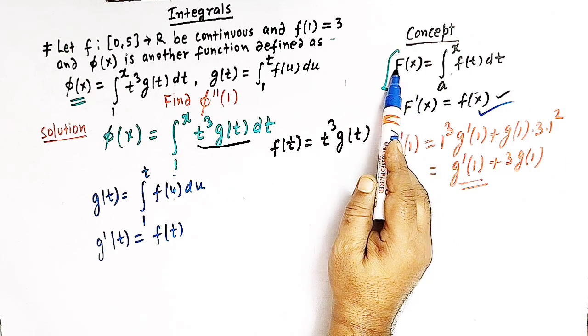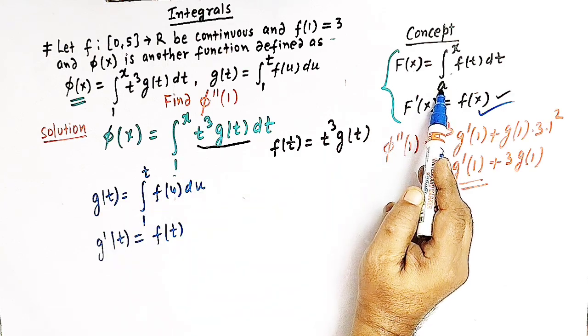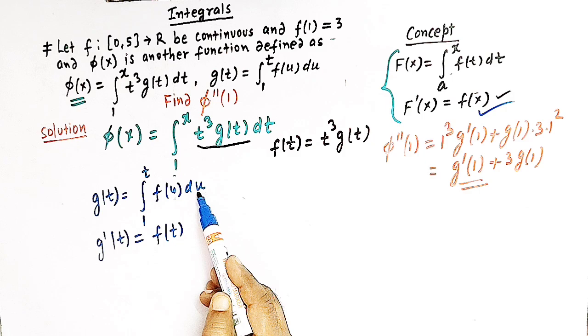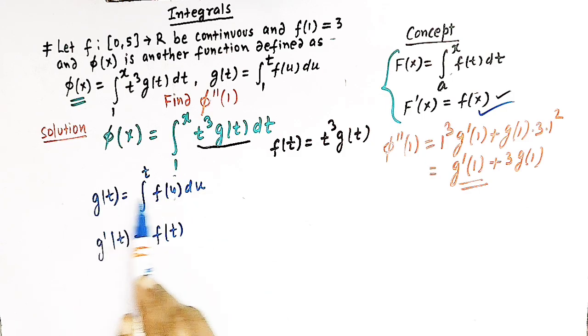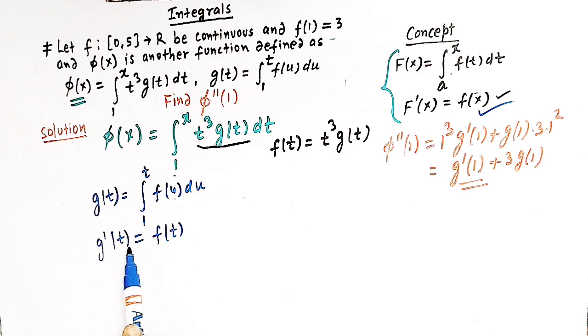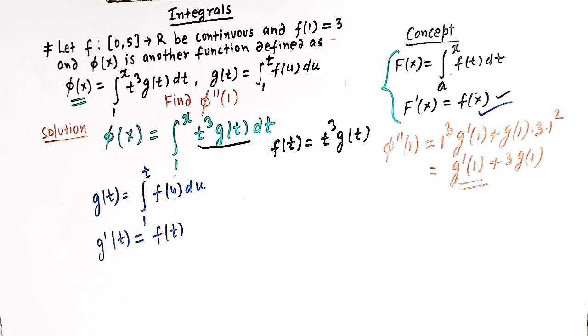Here we have f of x, here we have g of t, which is the integral from a to x, here the integral from 1 to t of f of u du. So differentiating both sides with respect to t, g prime of t is equal to f of t.